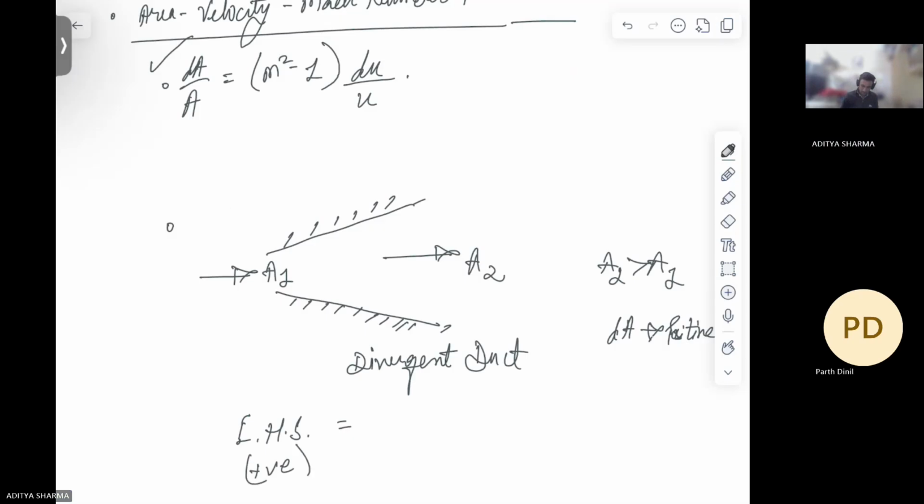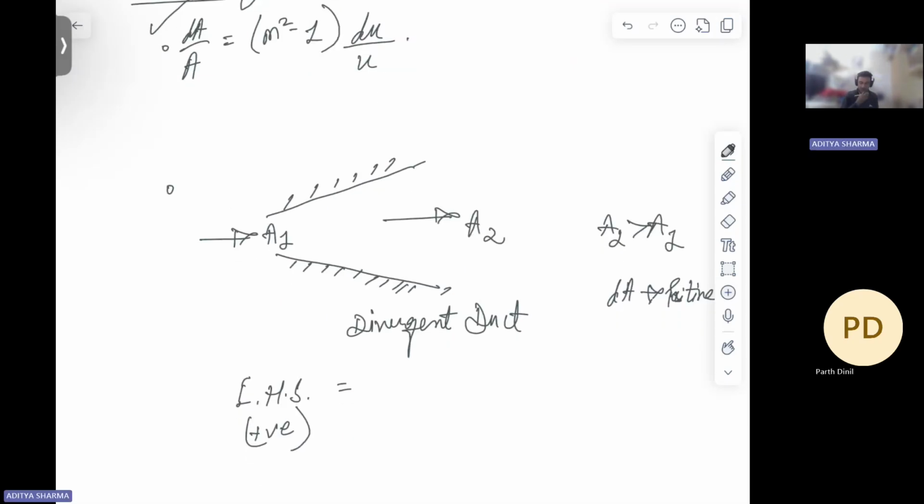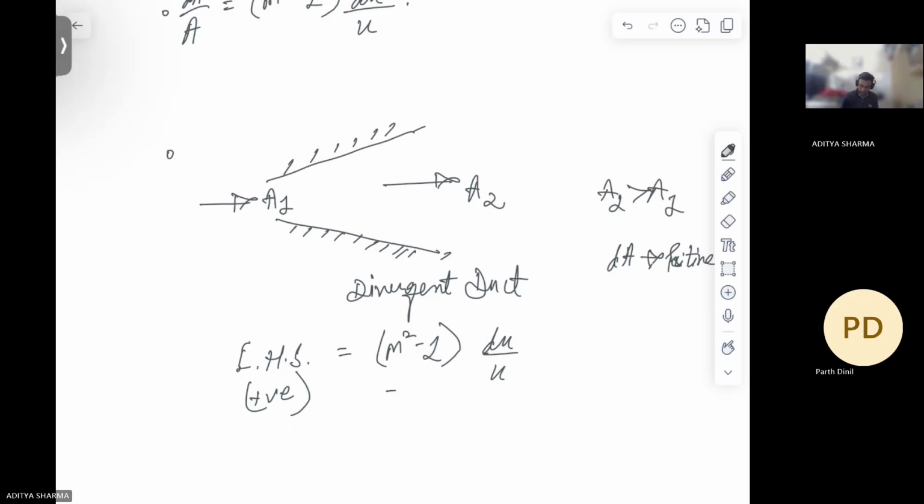If your flow is subsonic, M square minus 1 will be negative, because M square is less than 1.